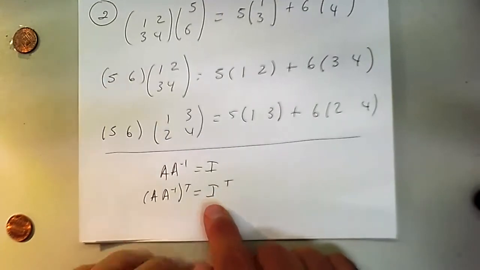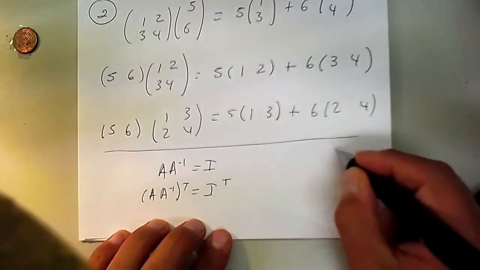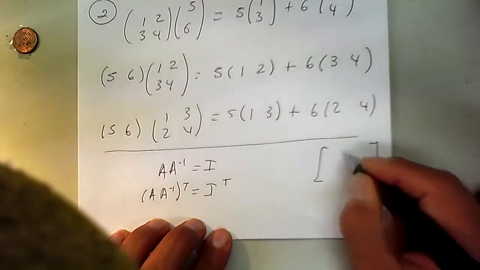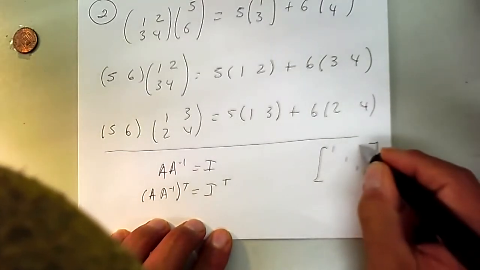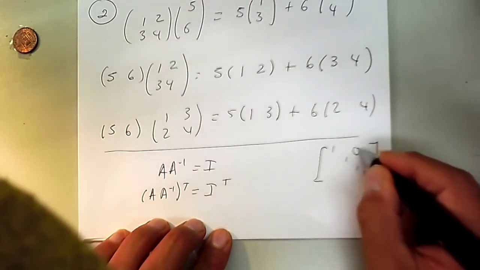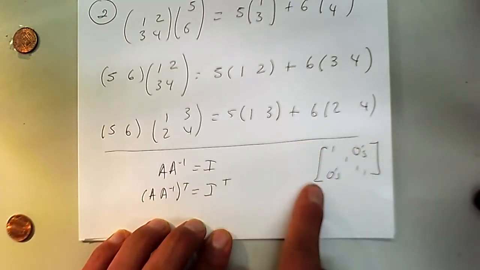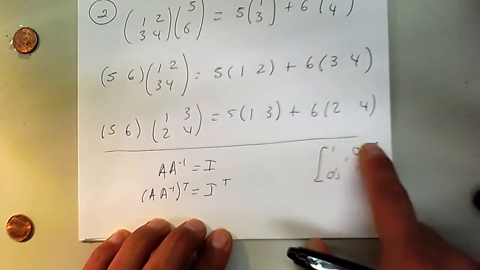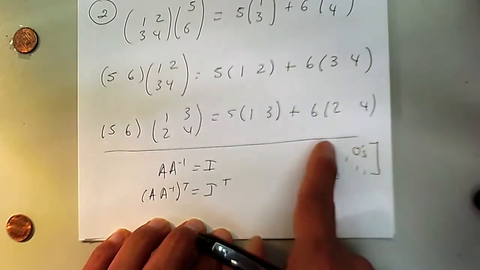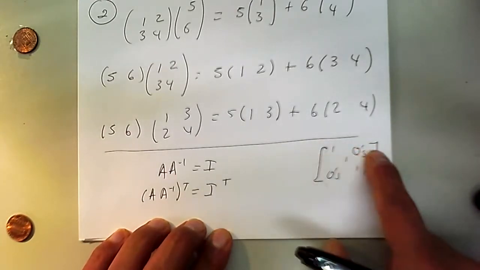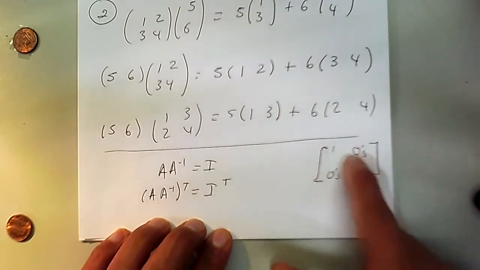Now think about the identity. The identity is a matrix that has ones in the main diagonal and zeros everywhere else. So when we transpose, this column becomes the row, which is exactly the same. The second column becomes the second row. It is the same either way.